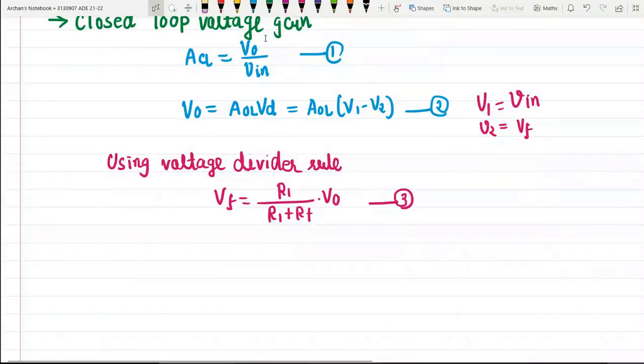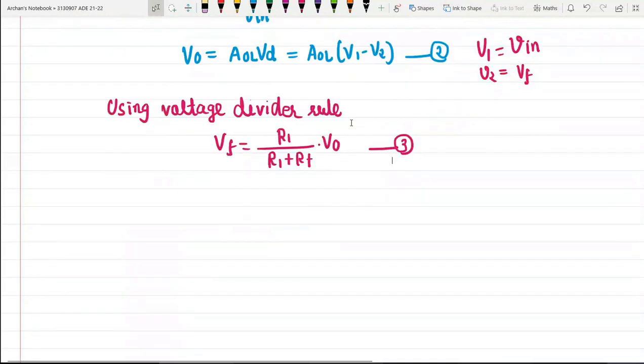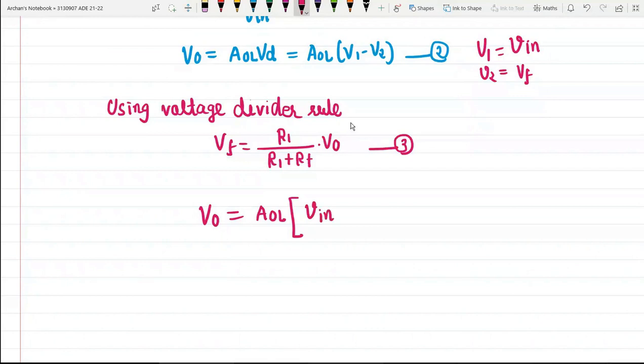Now just put equation number 3 into equation number 2. We are putting the value of V2, which is equal to Vf. So V0 will be equal to AOL times V1, which is Vin, minus Vf, which is R1 times V0 divided by R1 plus Rf.